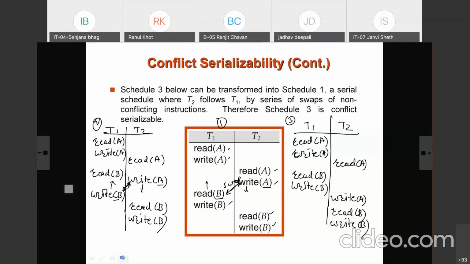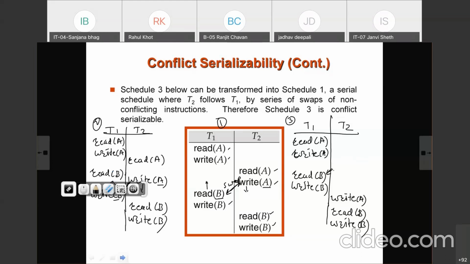Okay, now can I swap these two instructions? Yes or no? Yes, we can swap. Why? Because these are instructions which operate on different data items.